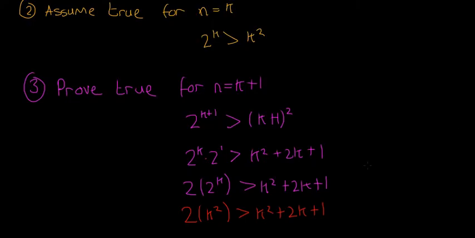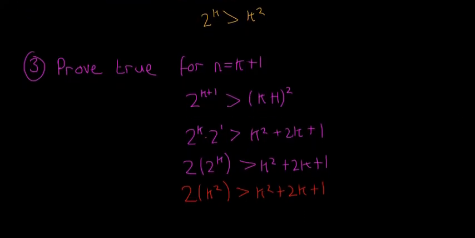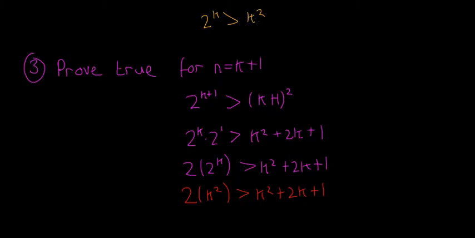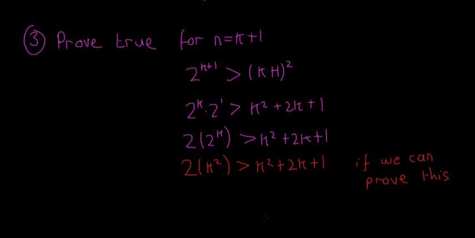The reason being, we know that 2 to the power of k is greater than k squared. So if we can prove this, and we know that 2 to the power of k is even bigger than this, then that means that 2 multiplied by 2 to the power of k has to be bigger than that, yeah?